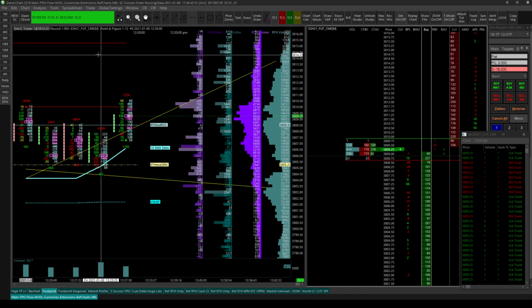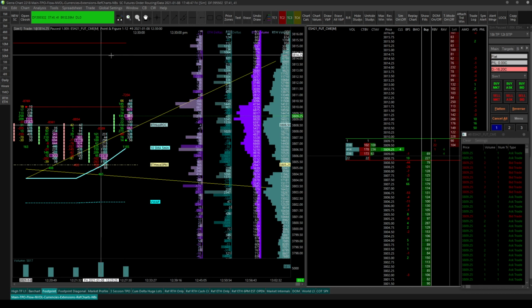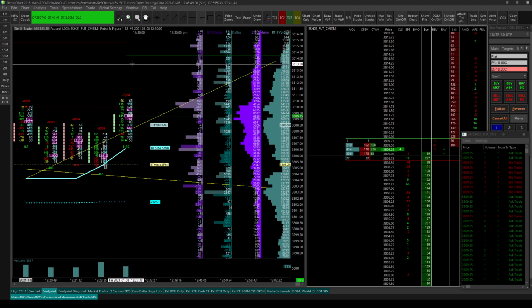it basically just measures, let's say price opens here, and then it goes down. It's better to show you. Price ticks down, ticks down, ticks down.